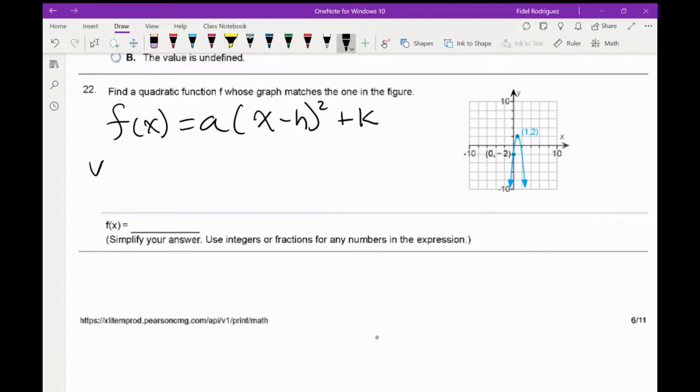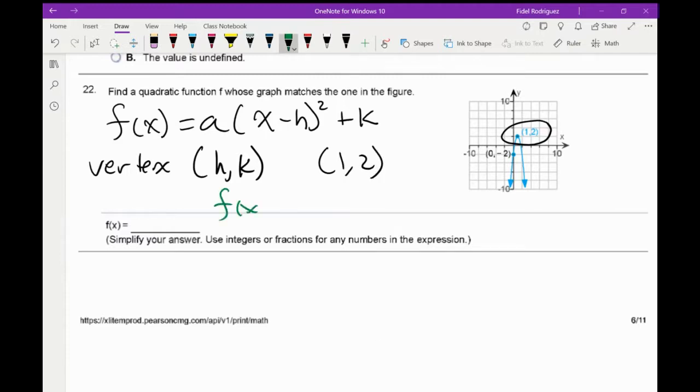The vertex here is the point (h, k). Remember, the vertex is going to be this point in our case. So the vertex is the point (1, 2). So I'm going to write f(x) = a(x - 1)^2 + 2. All I'm doing is plugging in this number here and this number here.